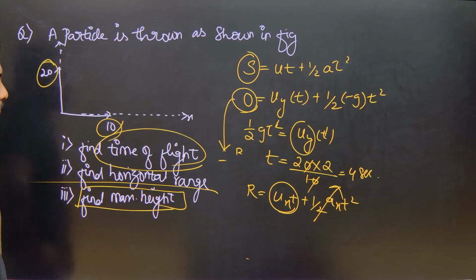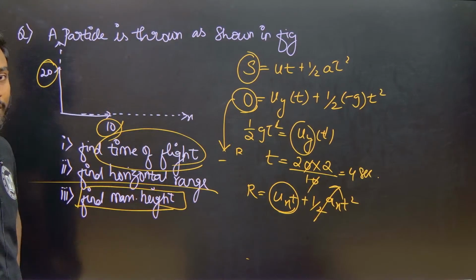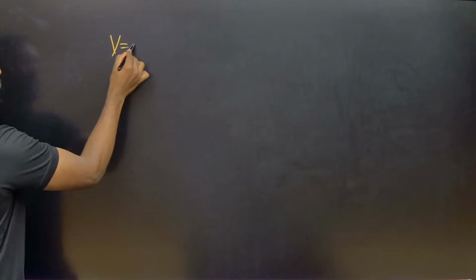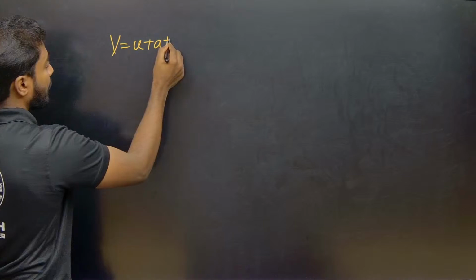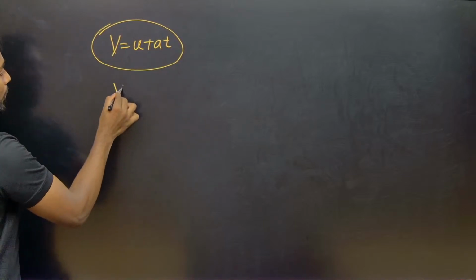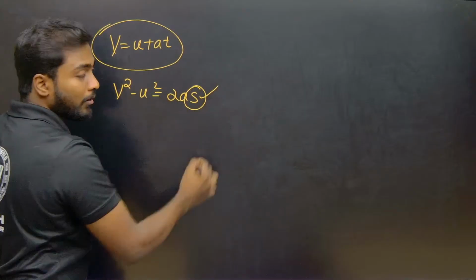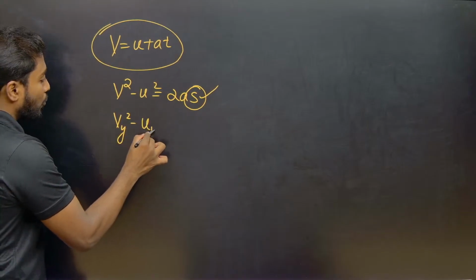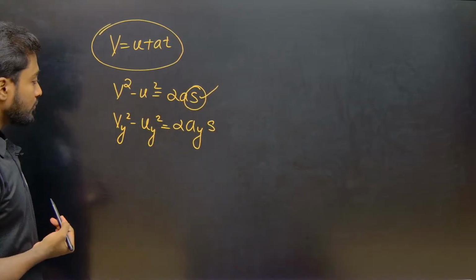I will say a trick also. At maximum height, the final velocity becomes 0, right. So v is equal to u plus at. In this equation I can't find the height, right, there is no s. So the next equation, v square minus u square equals 2as. Yes, I can find the height. So vy square minus uy square equals 2 into ay into s.